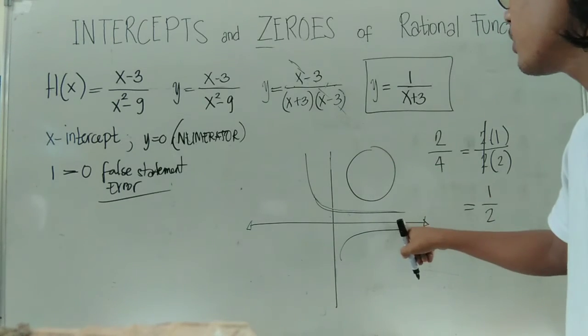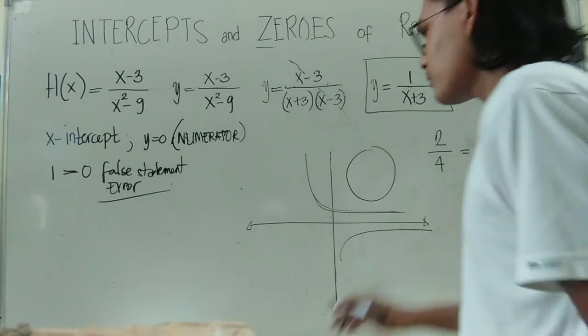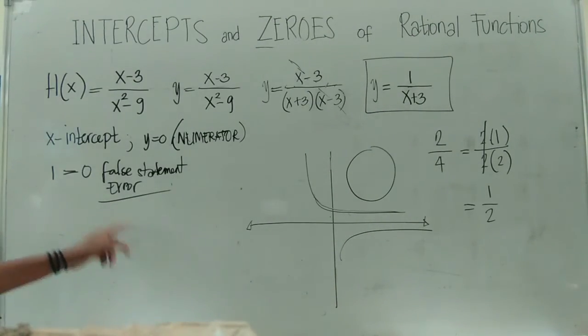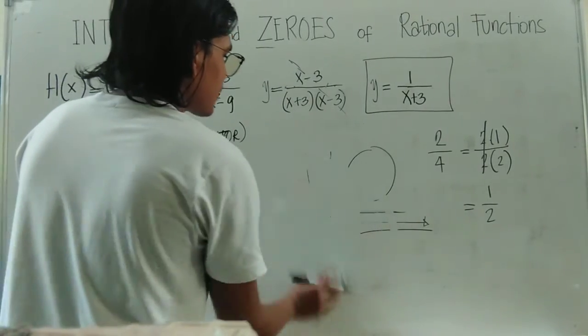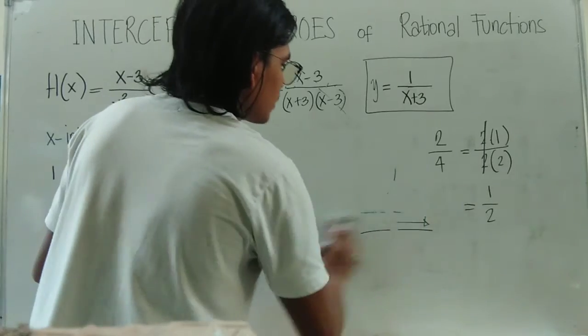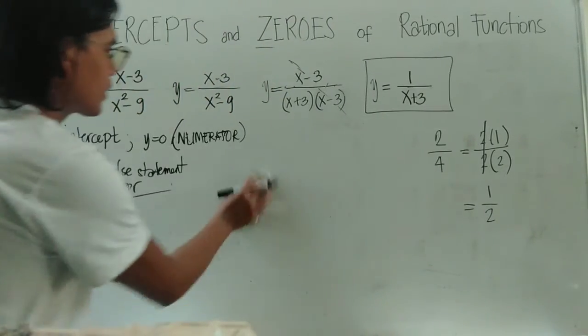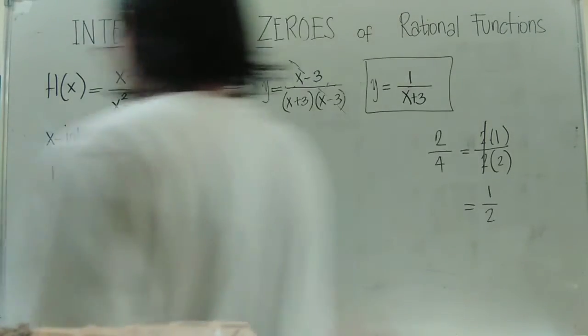So there is no intersection on your x-axis. That is why we cannot solve for your x-intercept, because some graphs of rational functions will not intersect, touch, or cross your x-axis.